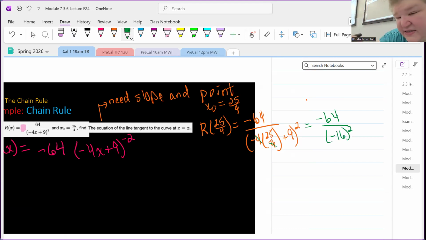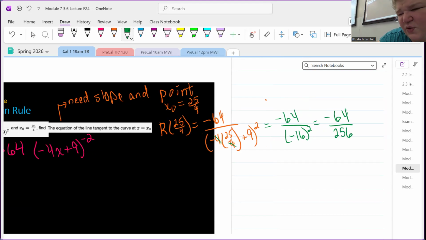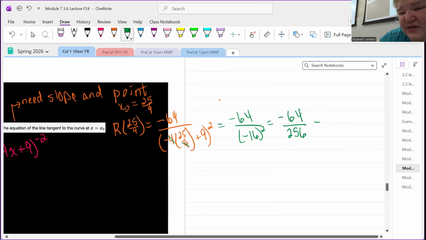But then that's negative 16 squared. So I have negative 64 over 256. And it turns out 64 goes into 256 4 times. So this is actually negative 1/4.